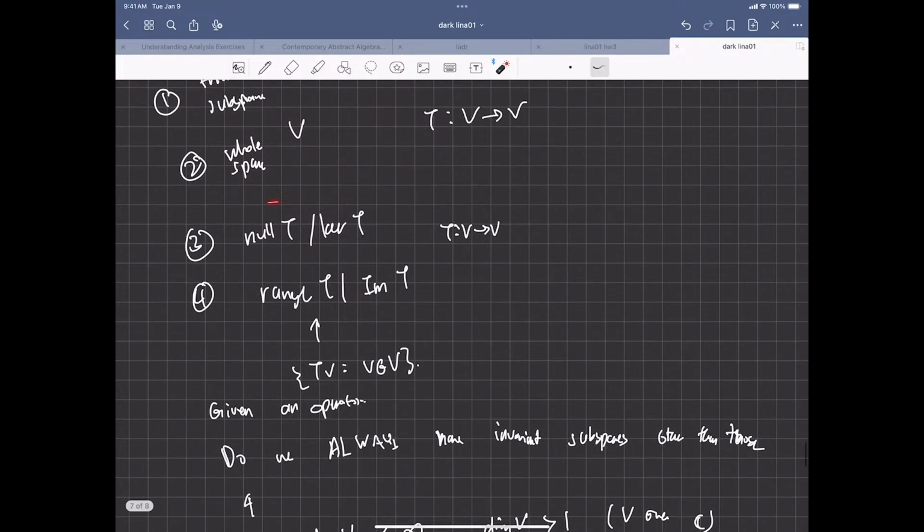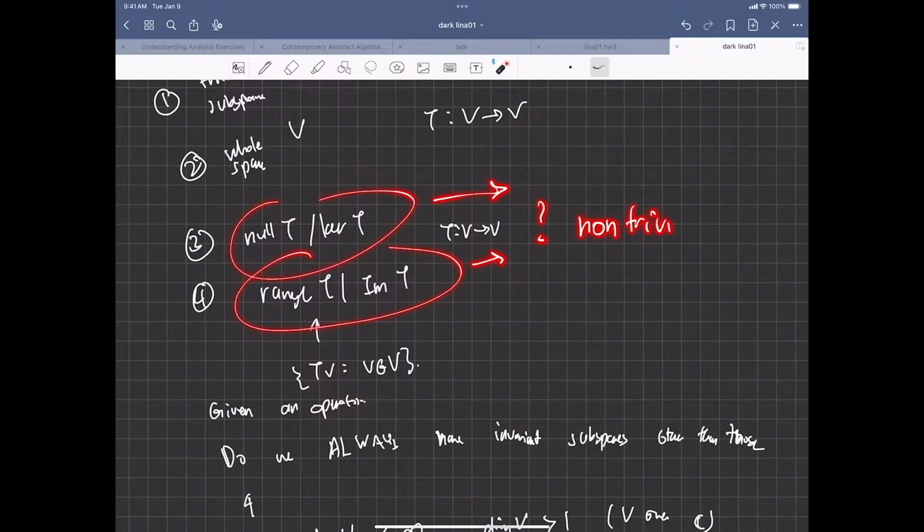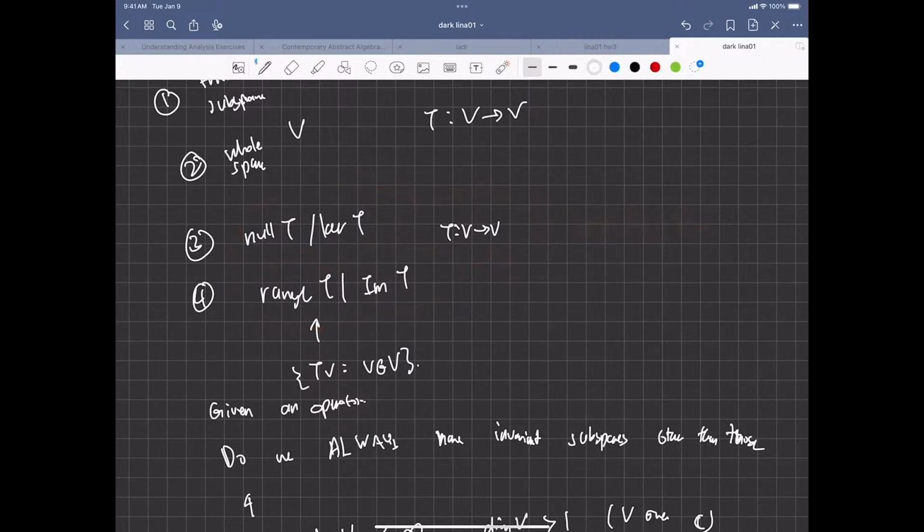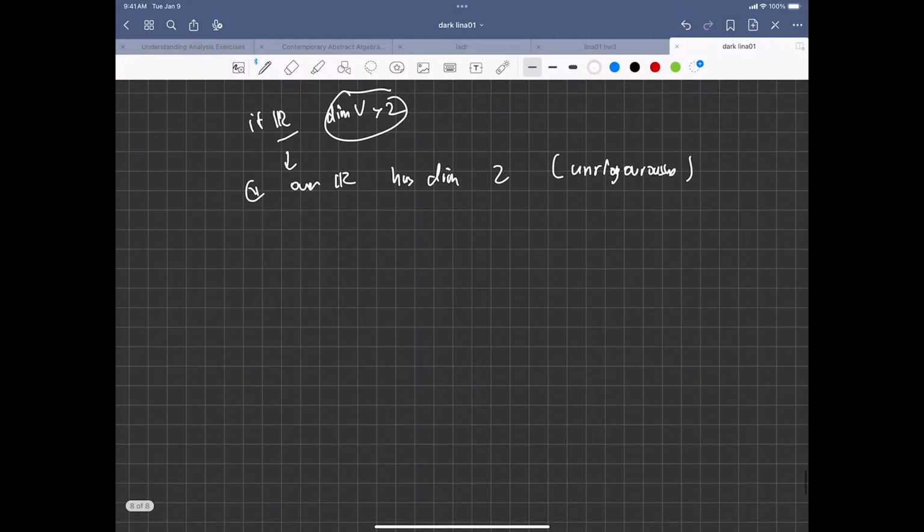These two here, we don't know if these are non-trivial, because if T was invertible, then since V is a finite dimensional space, the kernel or the null space of T would be trivial, and the range of T would also be the whole space itself. So if T was invertible, this is not very useful because it is trivial. So we want non-trivial examples.